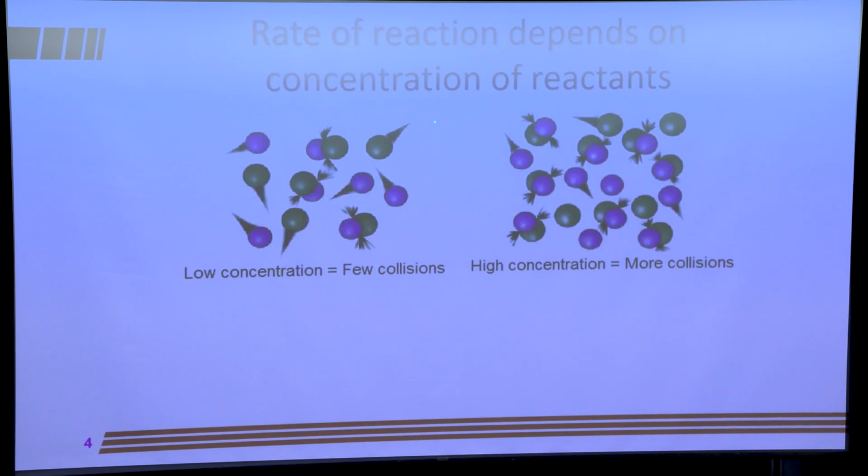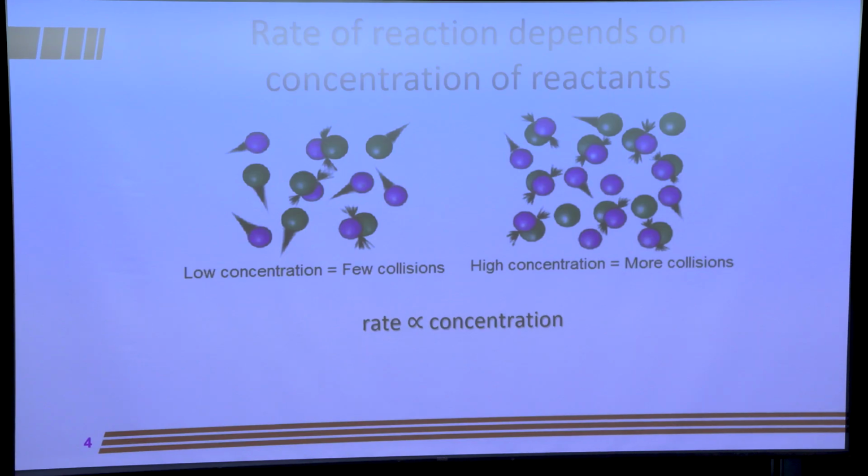Okay, so if we look at the rate of reaction, it just makes sense by looking at this diagram. I took it off Wikipedia, okay? You can see that if we have green balls reacting with blue balls, and reactions involve collisions, then if we have a low concentration, we'll have few reactions, right? Whereas if we have a higher concentration, we'll have more reactions, okay?